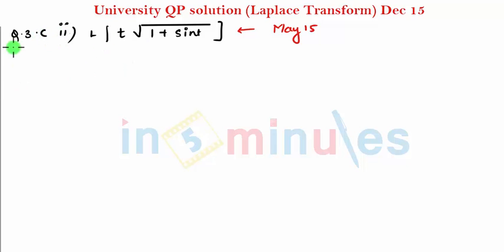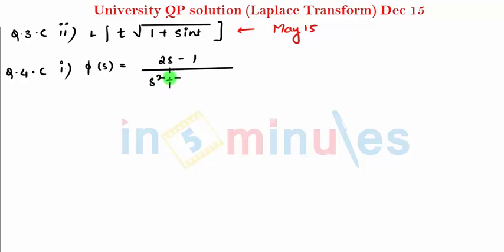Now let's start with question number 4C. First, my phi of s is 2s minus 1 divided by s square plus 4s plus 29. For solving this, obviously there are no factors, so I can solve by completing the square.